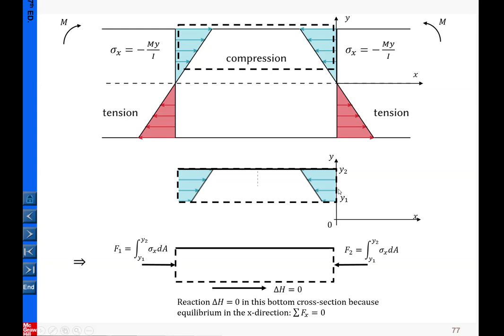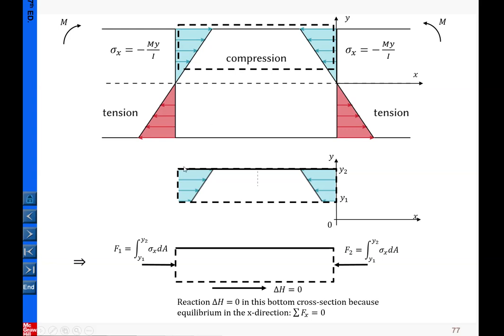The free body diagram ranges from y1 to y2, from here to here. With this selection, I want to see what is going on in terms of reactions.